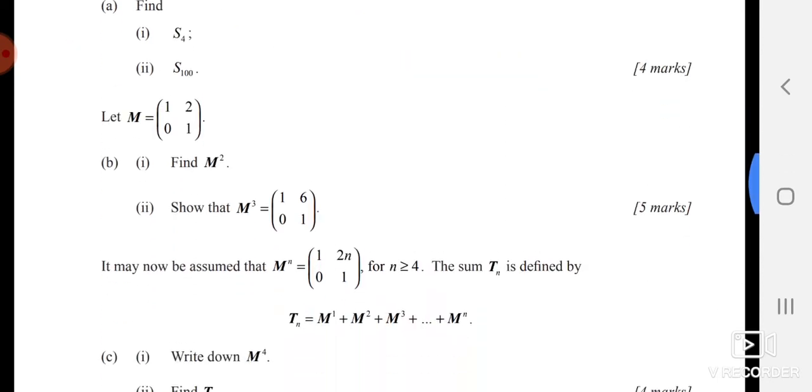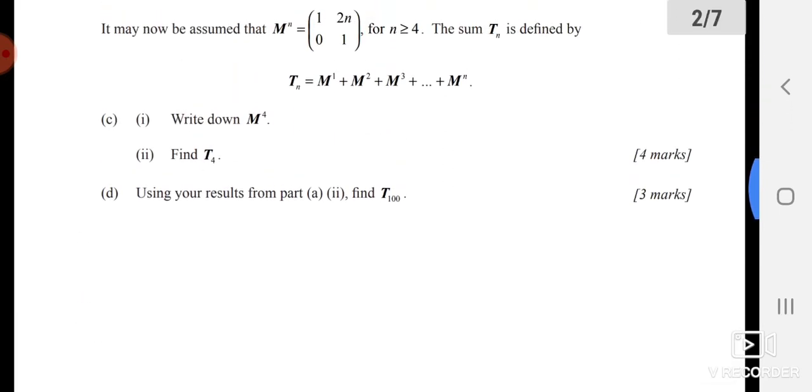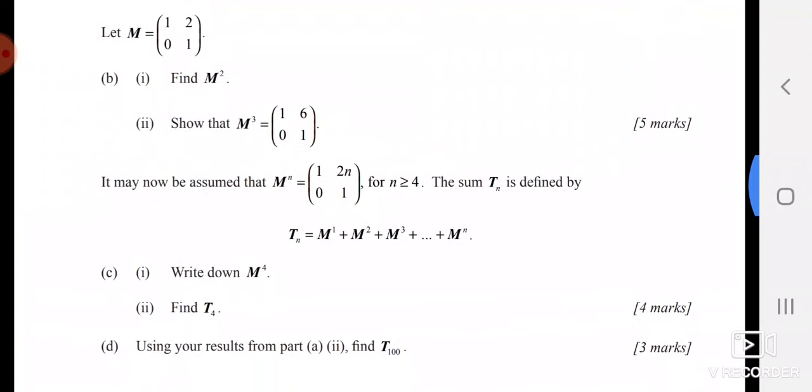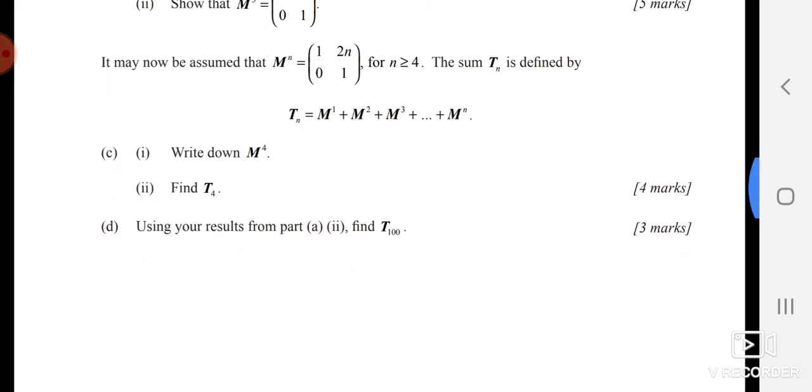You will use that answer for the second entry of the first row, and the other entries you will just add 1 plus 1 plus 1, because these are not changing. So 4, then 0 and the answer of the first part, and then the last entry, the second row second entry, would be again 4. So this way you can calculate.